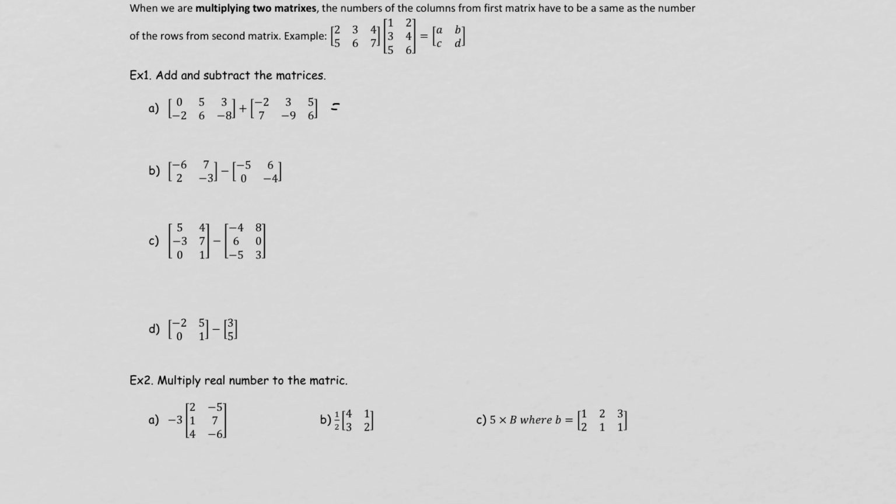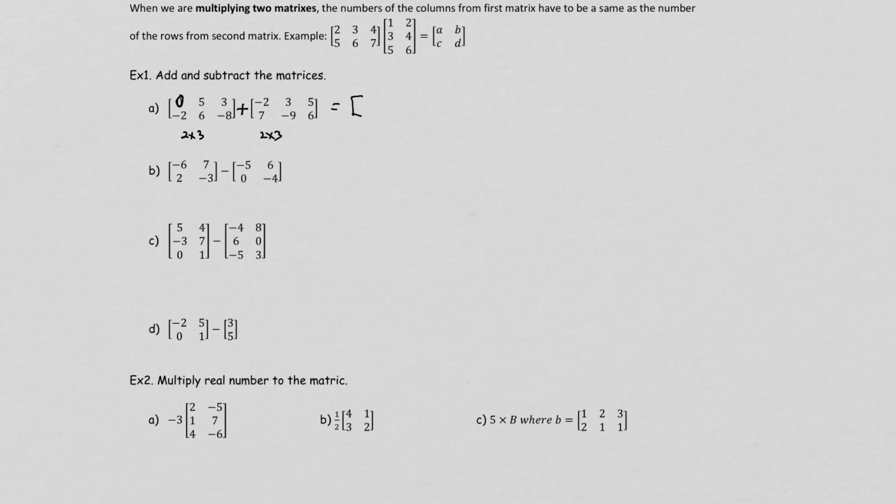This one right here, they're the same size matrix, right? This is a 2 by 3 matrix, this is a 2 by 3 matrix, so we should be able to do addition and subtraction. They're asking you to do addition. When you're adding matrices, you add entries in the same place.